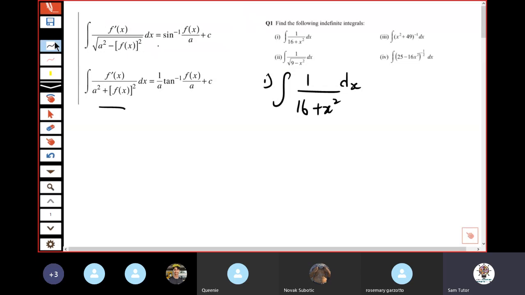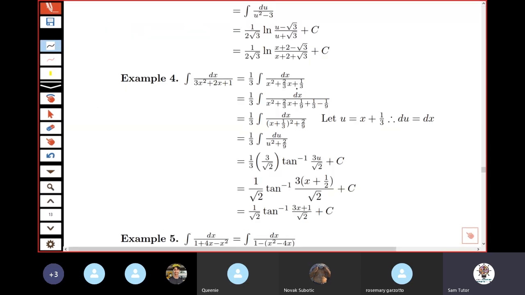Let's move to one that is relevant for you guys, which would be this one here. 3x squared plus 2x plus 1. That's weird. They decided to do that. We could just do it by completing the square. So you would have x squared plus 2 on 3 x plus a third equals 0.